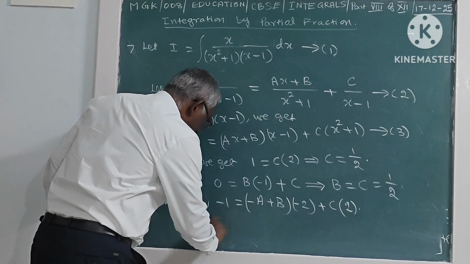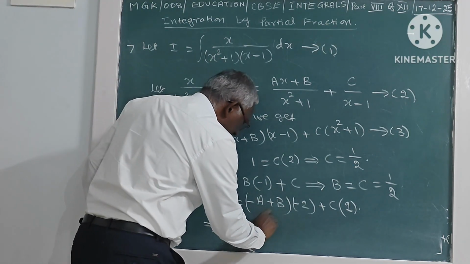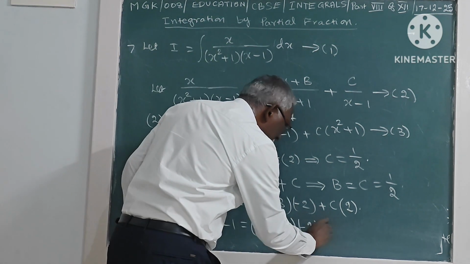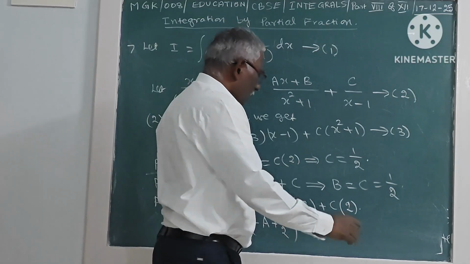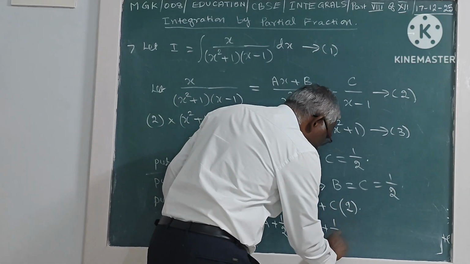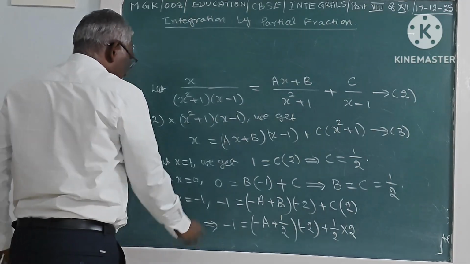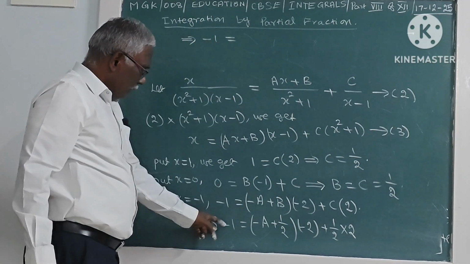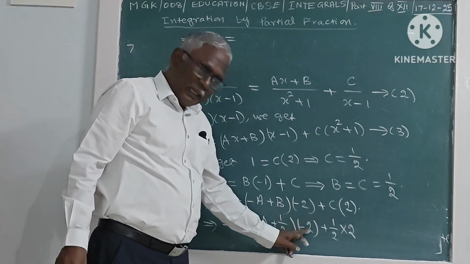So this gives minus 1 is equal to minus a plus c value half into 2. So this implies minus 1 is equal to minus a into minus 2.